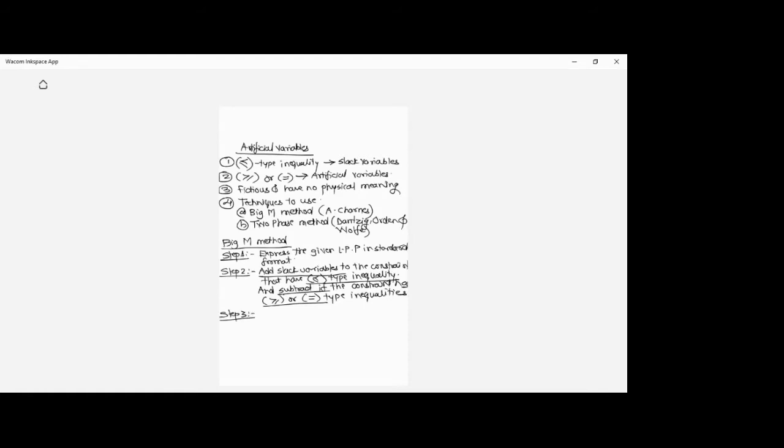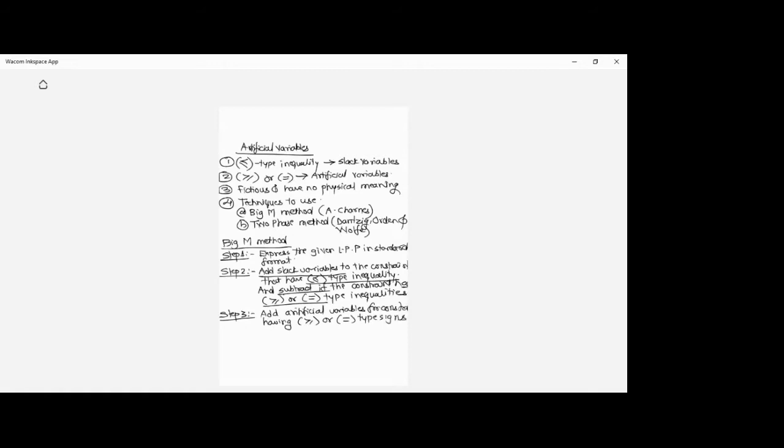Now for artificial variables: now that we have considered the slack variables, let's see what will happen for the artificial variables as well. We'll have to add artificial variables for constraints having greater than or equal to type.